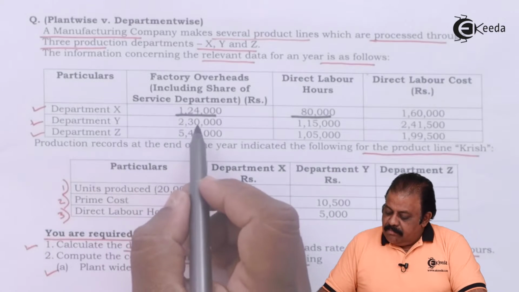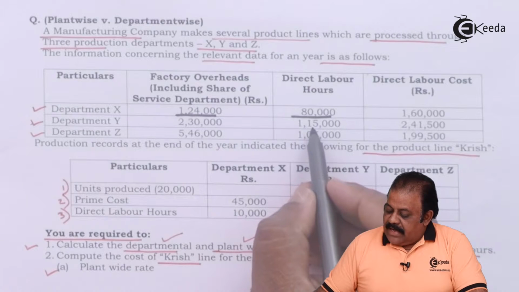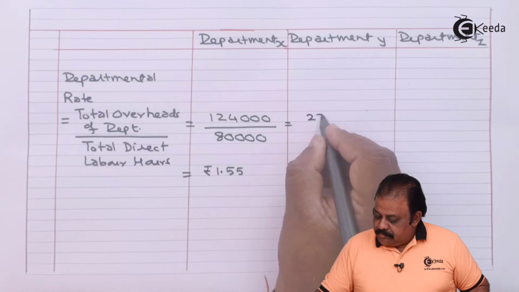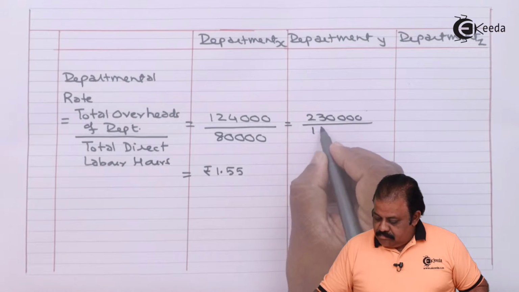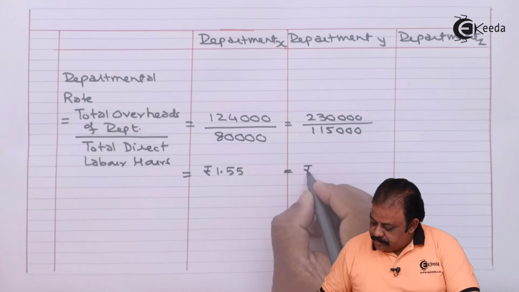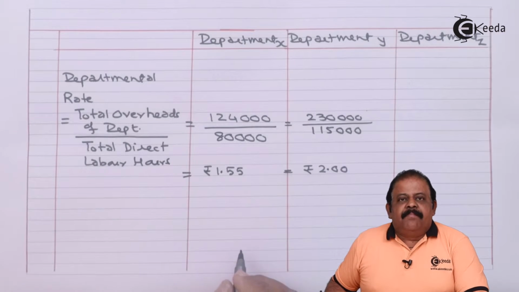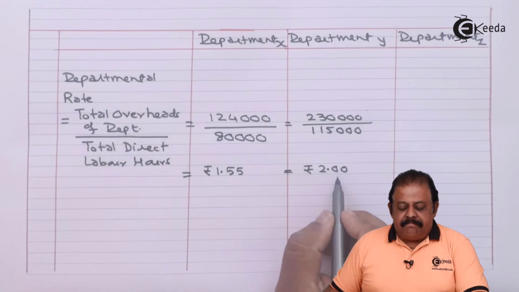Department Y, factory overheads 2,30,000, direct labor hours 1,15,000. So in case of department Y, it is rupees 2 per hour.